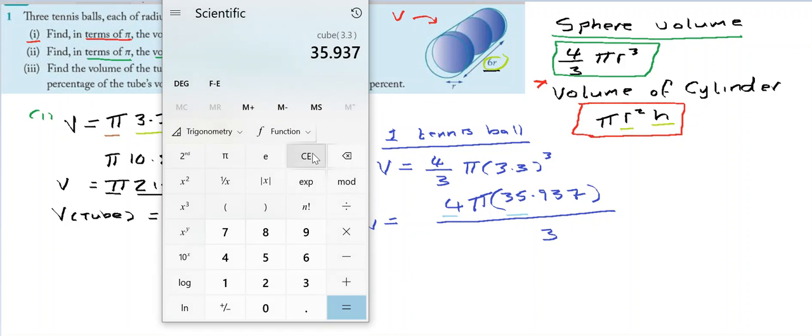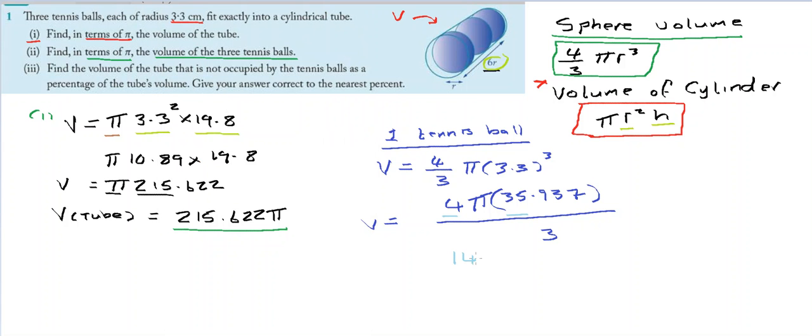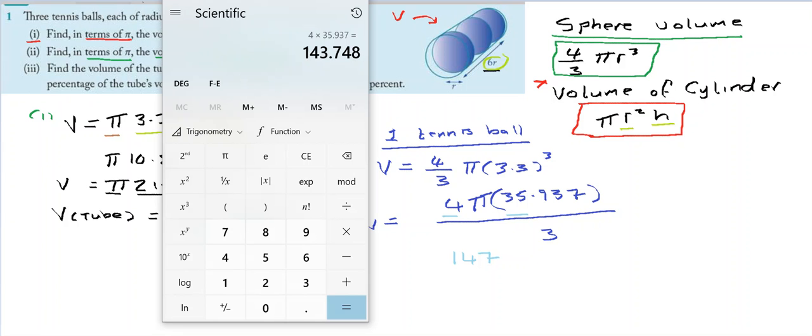So it's going to be 4 multiplied by 35.937. So that's equal to 143.748.